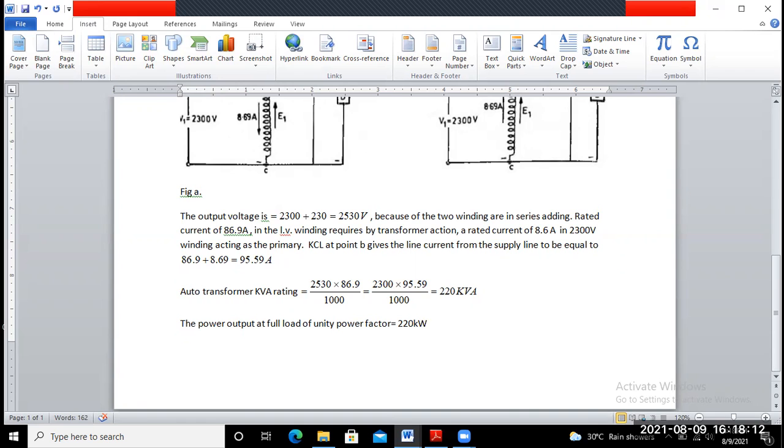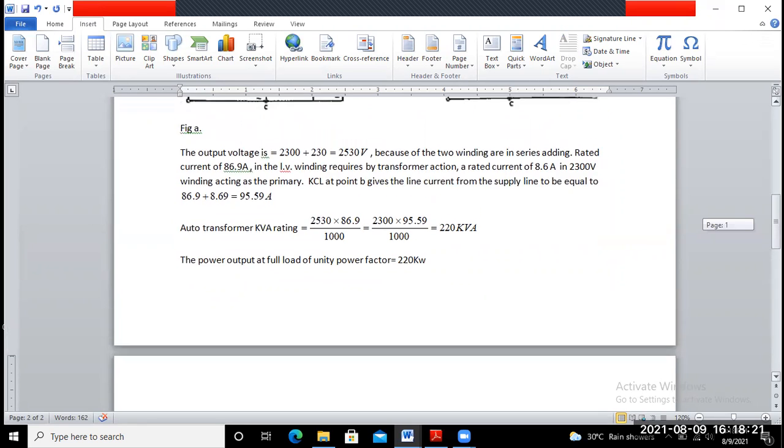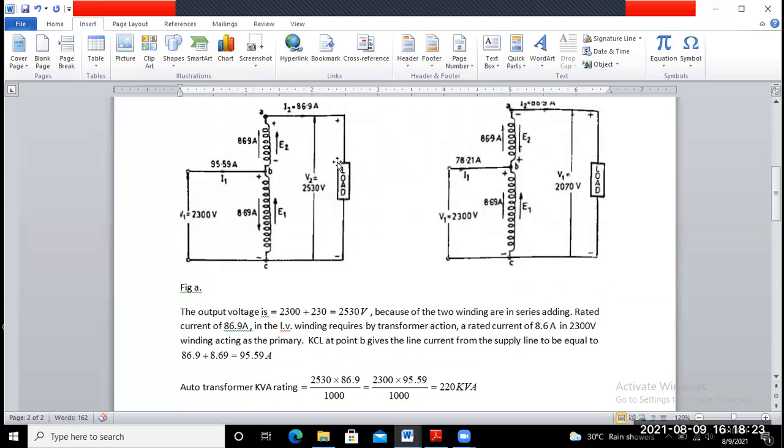Here, in which winding does the transformer action take place? Winding BC and AB. Here winding BC acts as the primary and AB is your secondary winding. Okay.